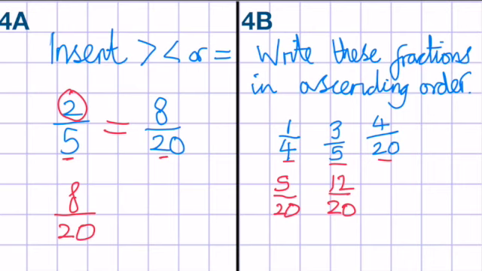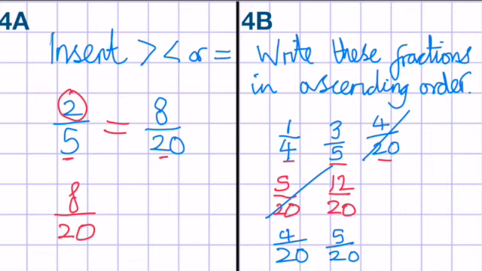And then you can see there, if we're going to write these in ascending order, the smallest one would be 4/20ths. Now, I'm writing the original fractions in order. So 4/20ths is the smallest. I'm crossing that out. The next one is 5/20ths.